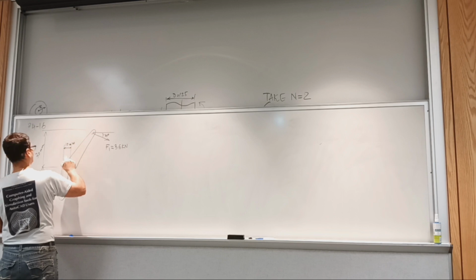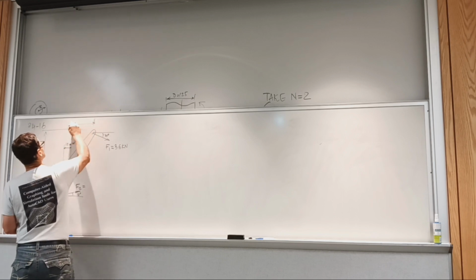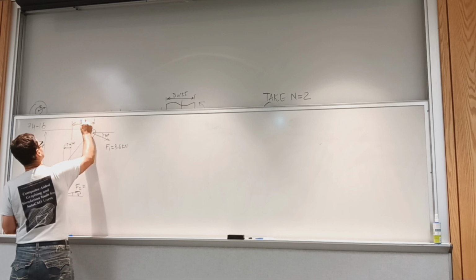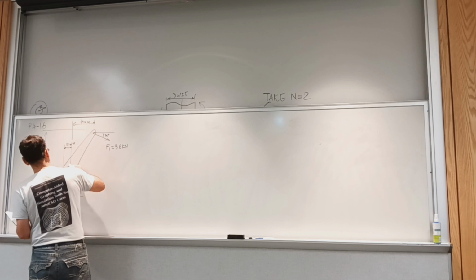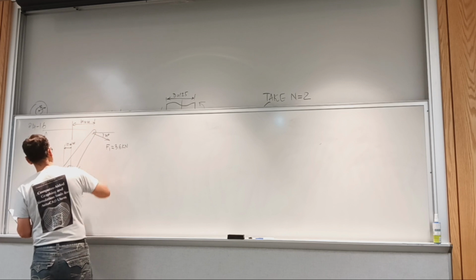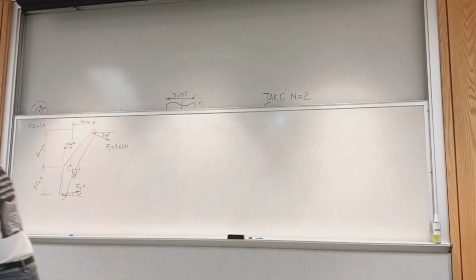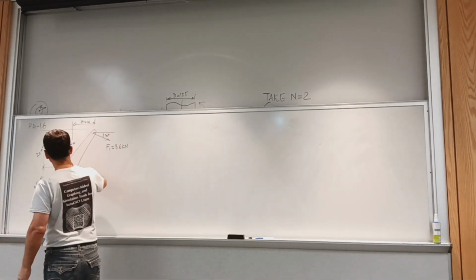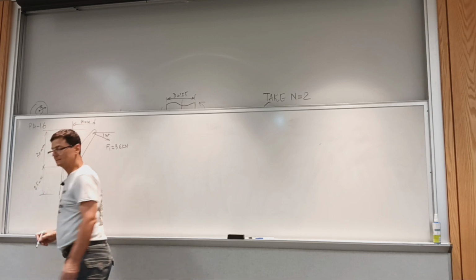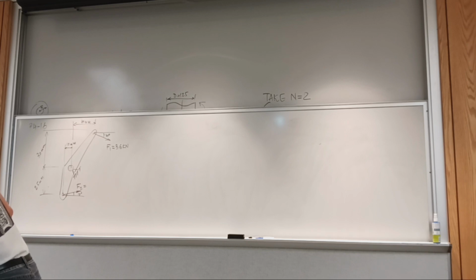And then we have 40 millimeters this distance. Okay, and this is where the support is. So what do we need to do first? We need to size the pin.